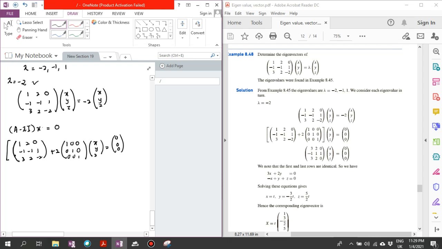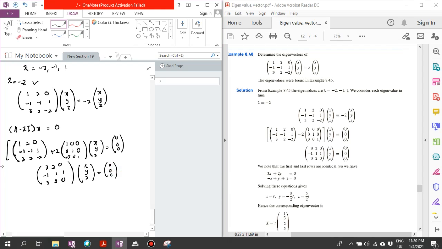When you solve this, the simplification becomes 3 2 0, -1 1 1, and 3 2 0, times x, y, z, equal to 0, 0 and 0.